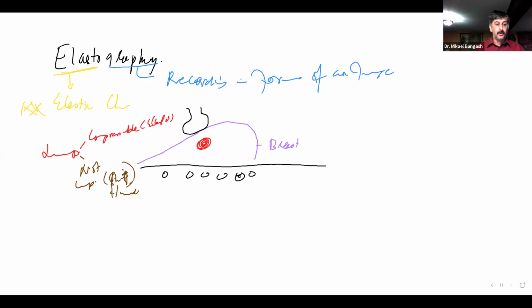Now what they would do back then was push down the transducer so that you could try to squish the mass between the chest wall and the transducer.